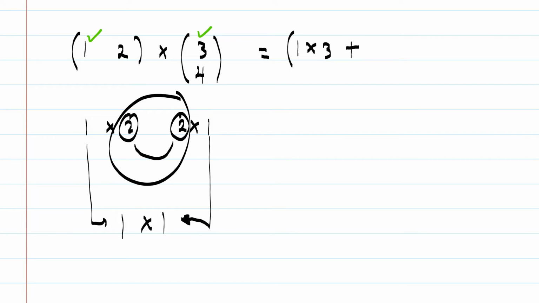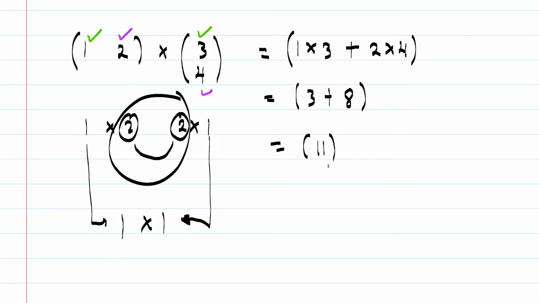And then we have to add the product of the second element in the row and the second element in the column. So we have to multiply those two things together. All right, so 1 times 3 will give us 3, 2 times 4 will give us 8, and 8 and 3 will give us 11. So that's, by the way, a 1 by 1 matrix.